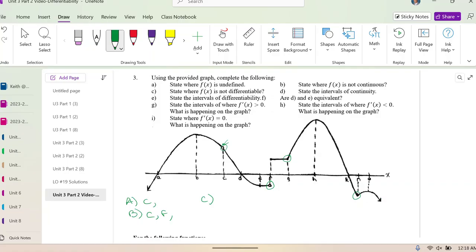Otherwise, it's differentiable everywhere else. So C, F, G, and N. So part D says the intervals of continuity. Well, it's continuous from negative infinity to C, from C to F, from F to infinity.